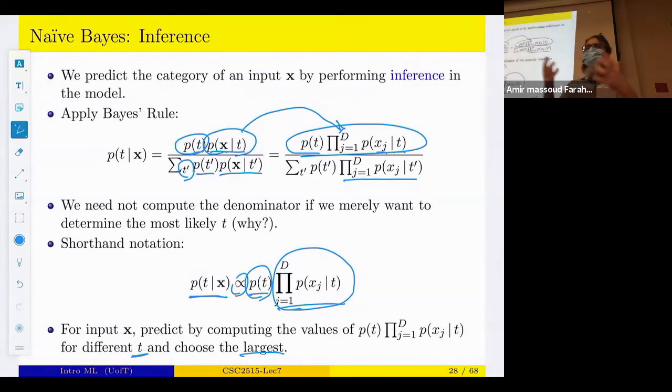If you have a finite number of T's, you just sum all those values and divide by that sum, and that gives you a probability. Actually, what the denominator is doing is exactly that sum. But yes, we can do it. The problem appears when, instead of a summation, the denominator is an integral. In that case the normalization might be much more complicated because you need to compute the integral, which is computationally costly.